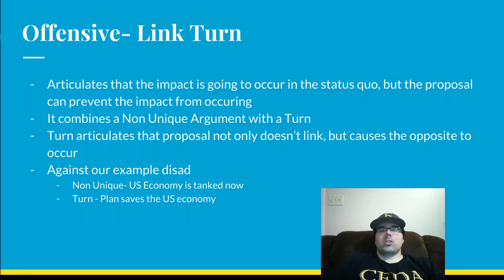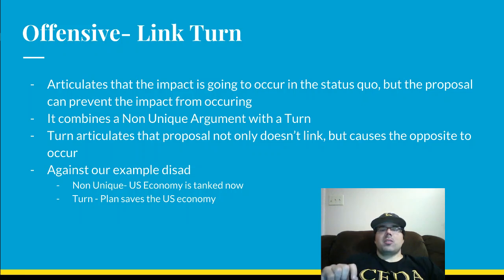The turn articulates that the proposal not only doesn't link, but causes the opposite to occur. For example, if we look at our economy disad, remember the shell of that argument was that the U.S. economy is doing well now and that the plan kills the economy. Well, against that example, a link turn would say that the opposite of both of those things is true.